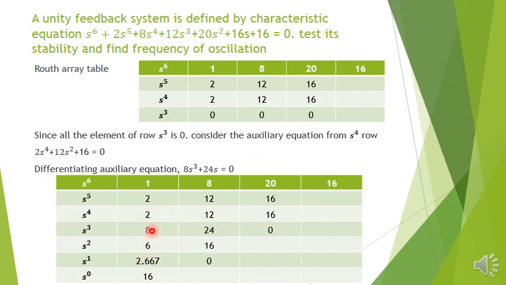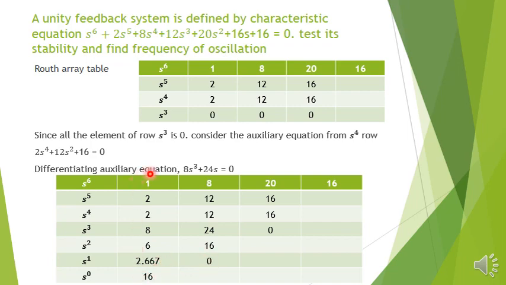So what will happen? 8 into 12, 96 minus 48, divided by 8, so it is 6. 8 into 16 minus 0, divided by 8, 16. Next, 6 into 24 minus the other term gives 2.667, and 16.